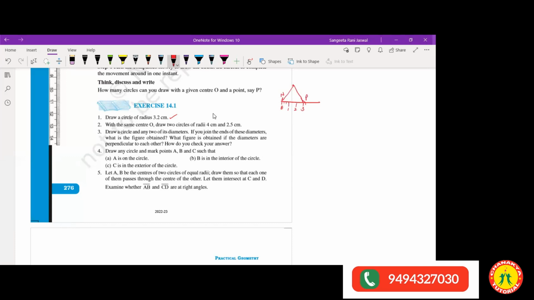So measure 3.2 on your compass, and then on your sheet of paper, your notebook, just keep the compass pointer, the compass needle, at a fixed position. Fix it there, and rotate the pencil around this. Are you getting it? So this distance from the center to the circle will be 3.2 centimeters.